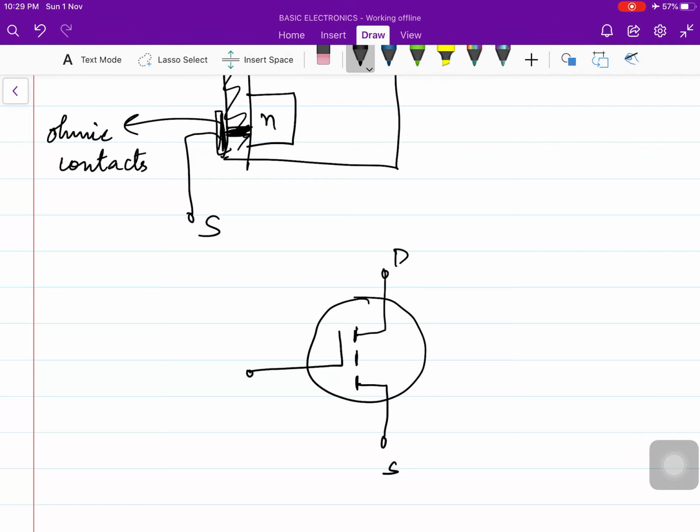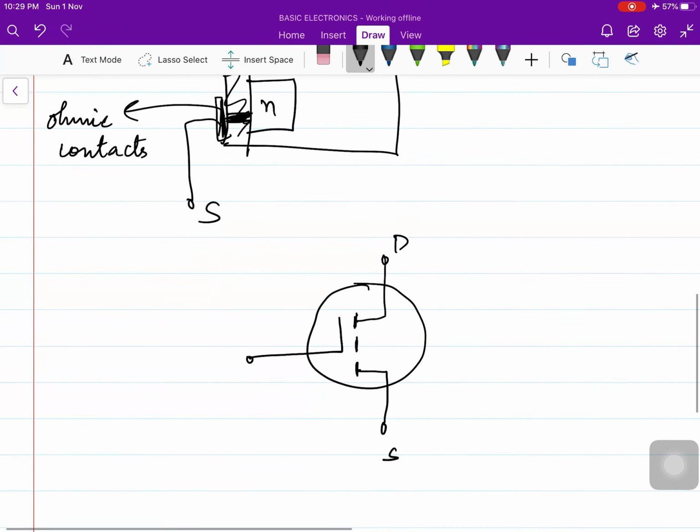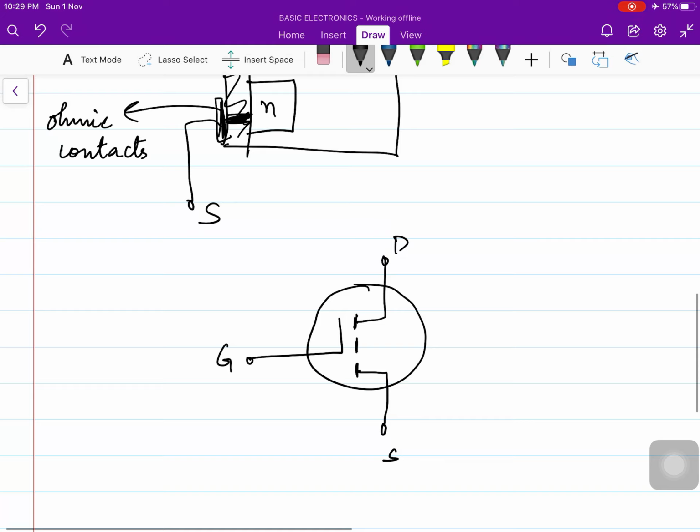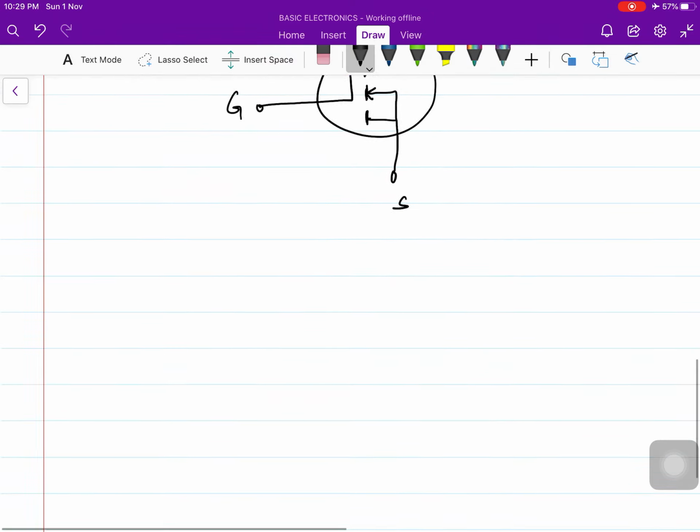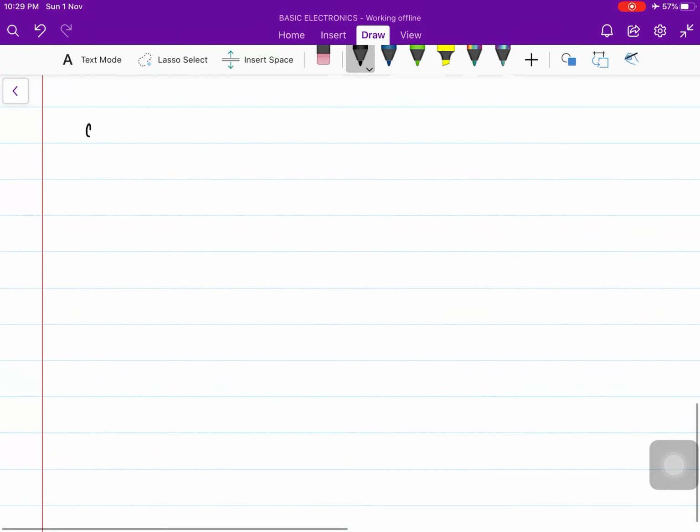But the manner to show drain, source and gate is the older one. Gate is not connected to the channel, so I can't connect the gate to the channel. I had to take a separate terminal. Source or substrate is of p-type, channel will be of n-type, of course, because it is an n-channel enhancement MOSFET. Hence, the current direction will be shown as from p to n. So this is the circuit symbol.